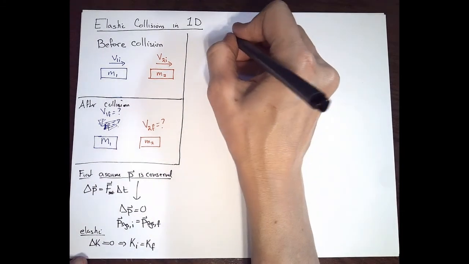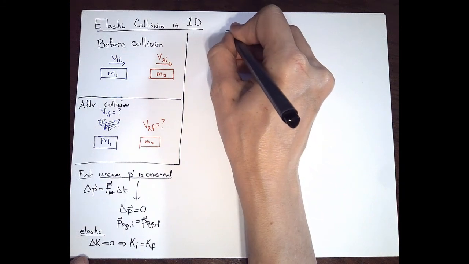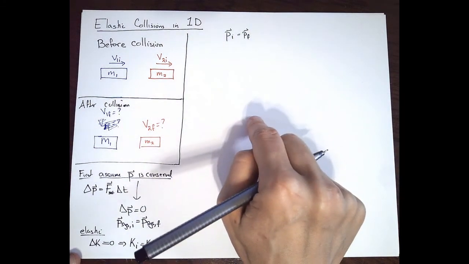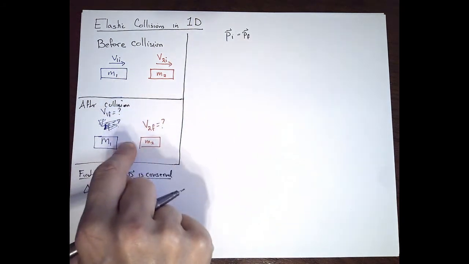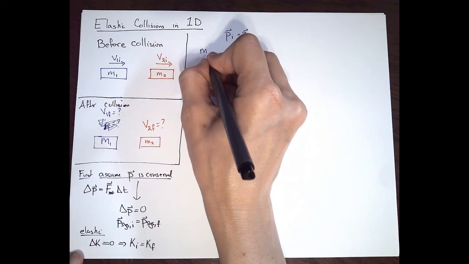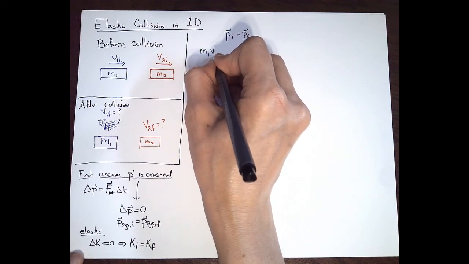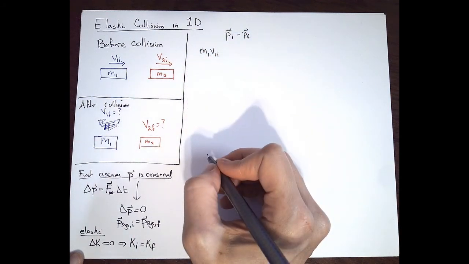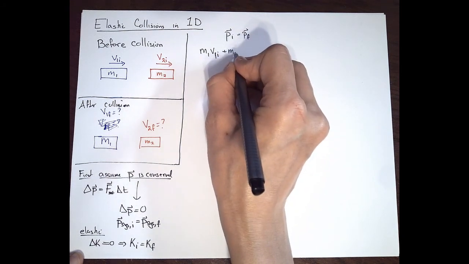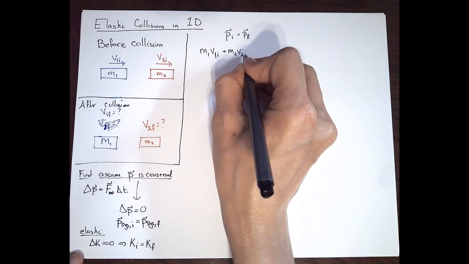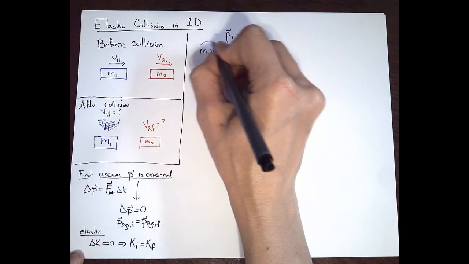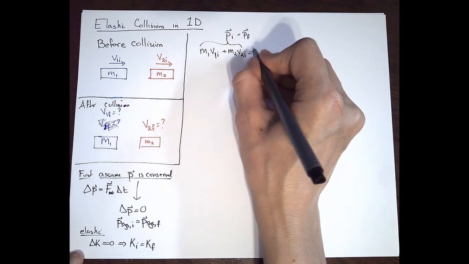Well, with momentum, if we know that the initial momentum equals the final momentum, we can just write out what the momentum is before and after the collision. So before the collision, it's mass 1 times its initial velocity, v1I, plus mass 2 times mass 2's initial velocity, v2I. So that's my initial momentum, and it's equal to my final momentum.